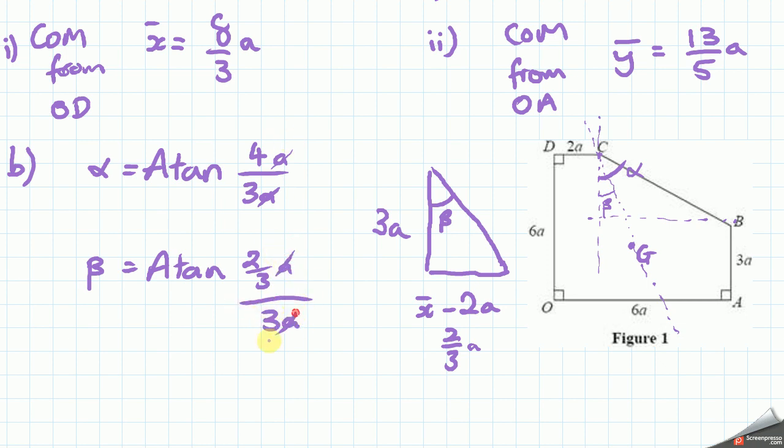And the A's cancel. So our angle is going to be the inverse tan. Make sure you're working in degrees for this one. They don't always tell you which one, but I'm going to use degrees. Tan of 2 over 9, and that's 12.53.